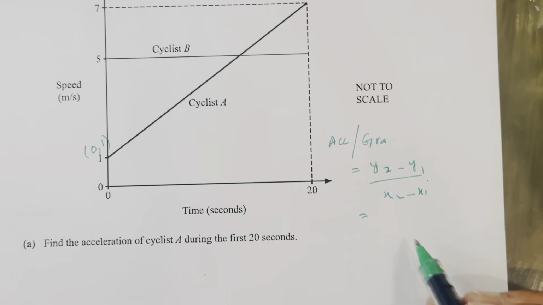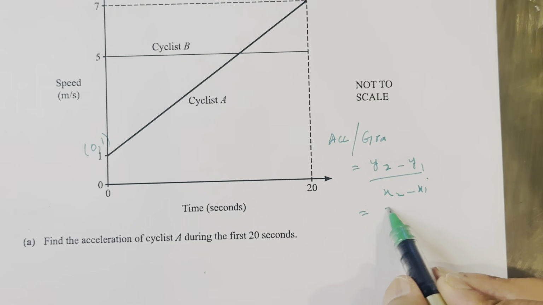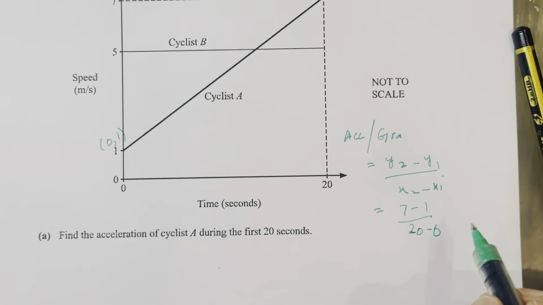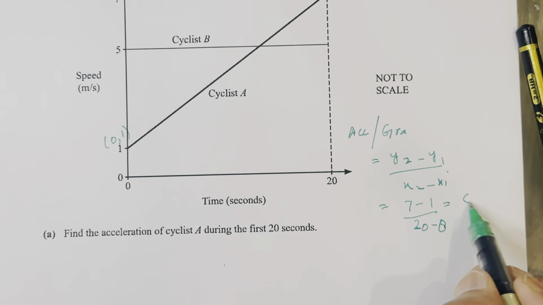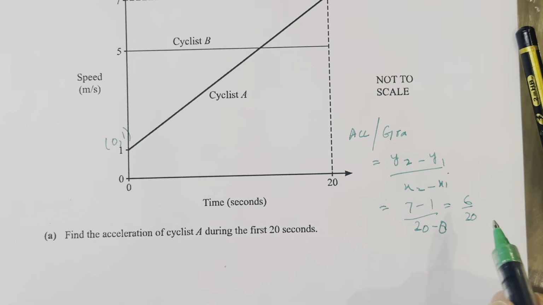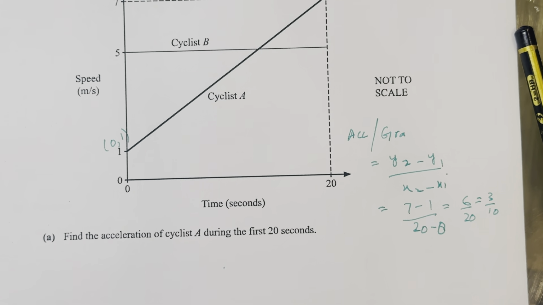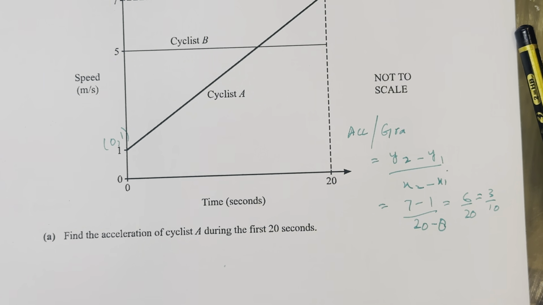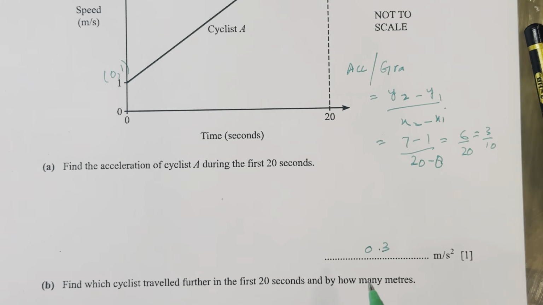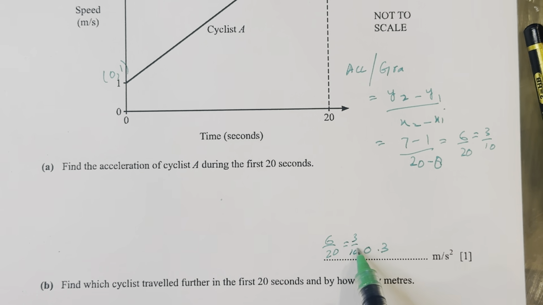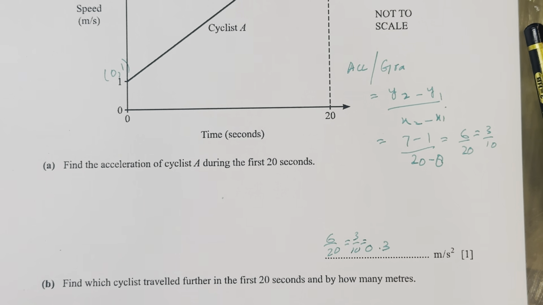By putting in those values, 7 minus 1 over 20 minus 0, the answer is 6 by 20 or 3 by 10 or 0.3 meters per second squared. You can even write 6 by 20 as the right answer. If you don't want to convert into decimal, you can write 6 by 20 or 3 by 10. All the answers are correct.